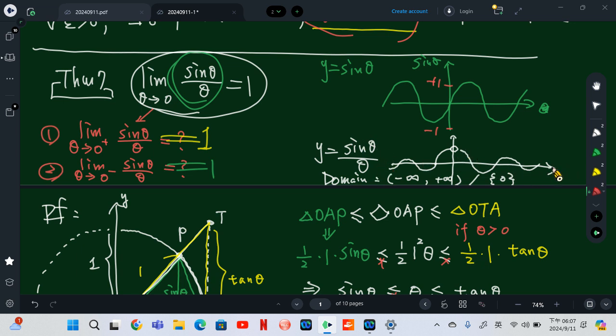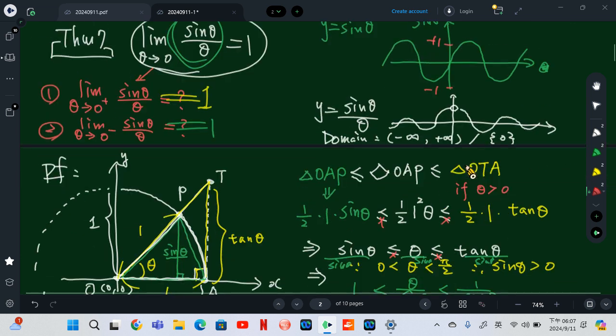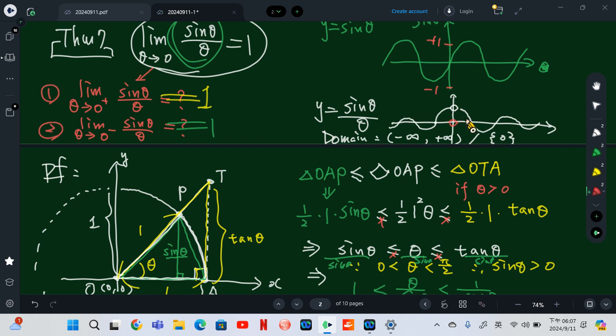As theta becomes bigger and bigger, since sine theta always has a value from +1 to -1, but theta is continuously increasing, you can finally see the value will be very close to 0. Even though the point 0 is not included in the domain of this function, we still can get its limit.